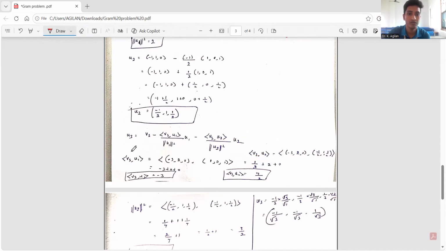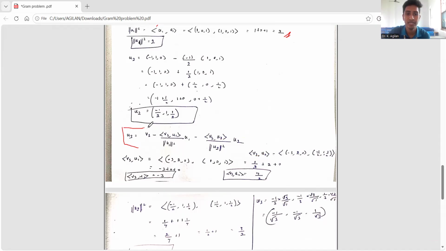What is the U2 formula? Sorry, the U3 formula. U3 is nothing but V3 minus the inner product of V3 comma U1 divided by the norm of U1 square into U1, minus the inner product of V3 comma U2 divided by the norm of U2 whole square into U2.